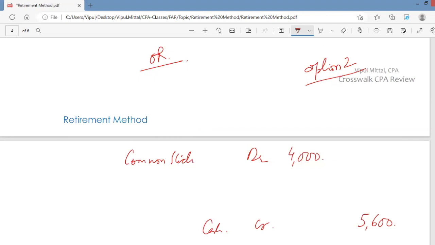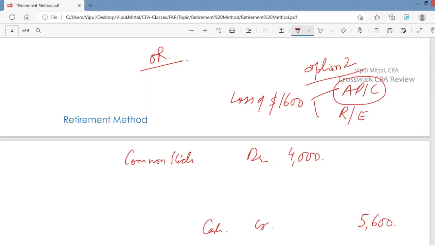Loss is $1,600. You allocate this loss of $1,600 to additional paid in capital and retained earnings because you want to use additional paid in capital, but there is a limit on the amount that can be used. This limit is original issue premium that was credited to additional paid in capital and any gain on earlier retirements.